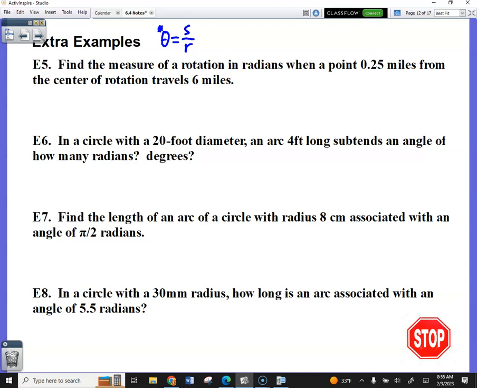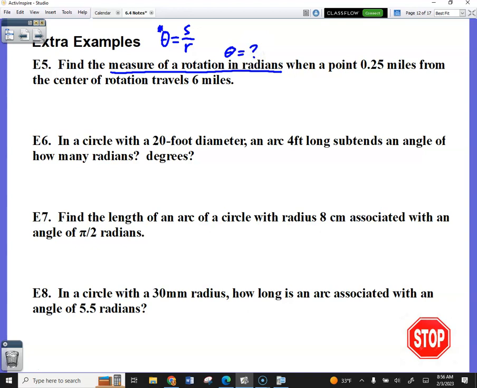Okay, find the measure of rotation in radians means find what? What variable does that mean I'm finding? Theta. So I'm going to make a note, theta equals question mark, meaning I don't know it.